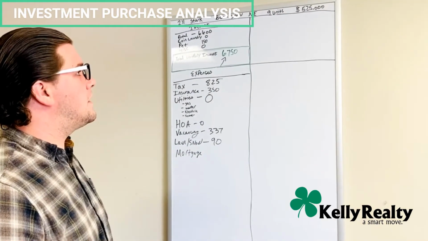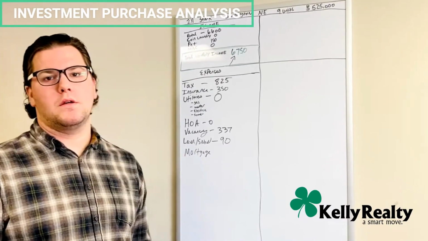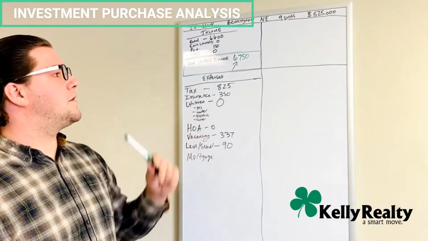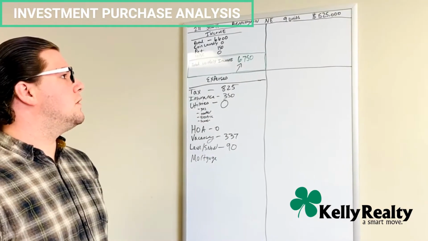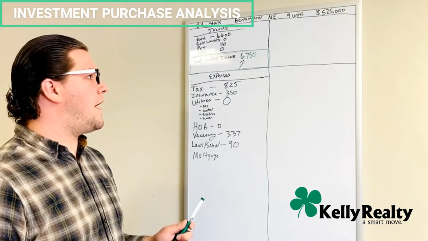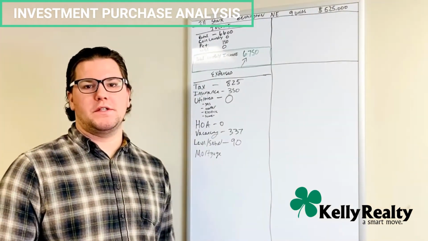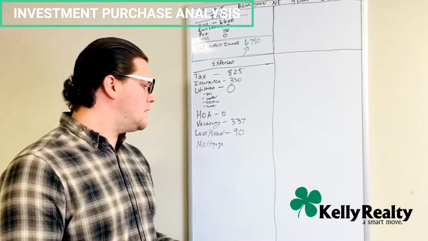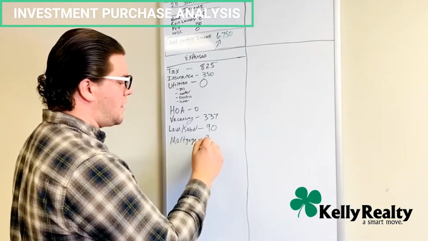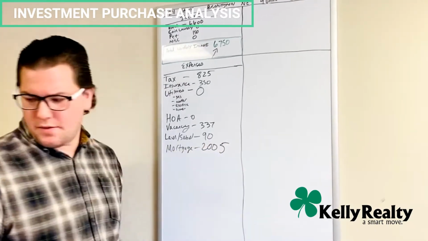You can go to any Google search and type in a mortgage calculator to get this number, but putting down 20%, the mortgage would be for $420,000 at a 4% interest rate, which is typical for today's market. Over a 30-year period, that number would come out to be $2,005 a month.